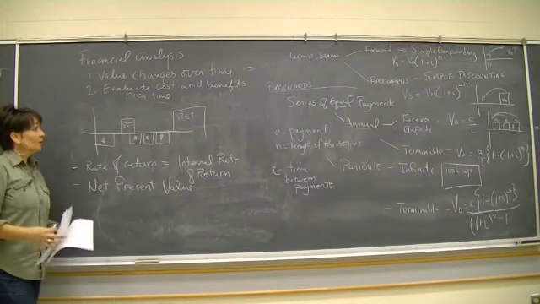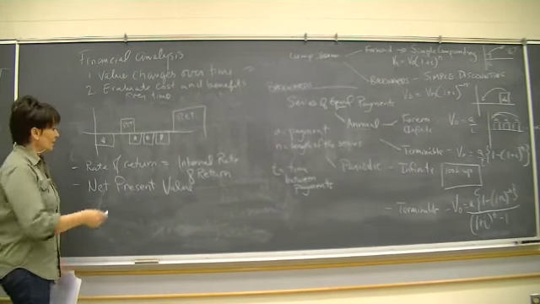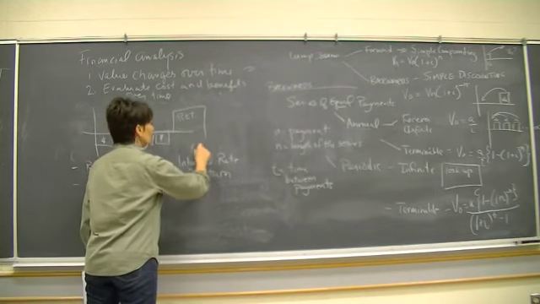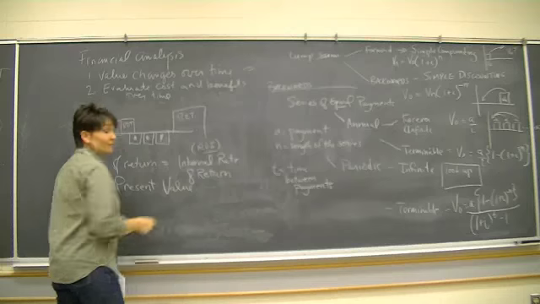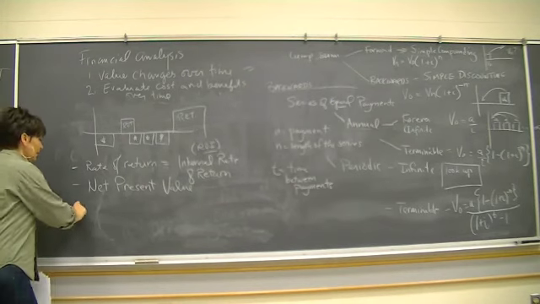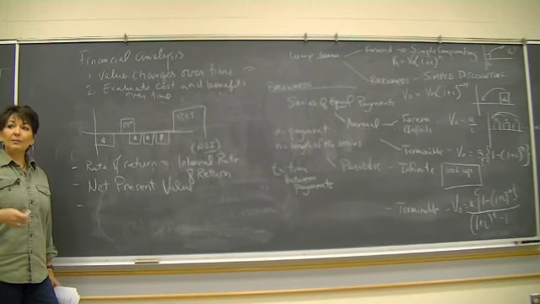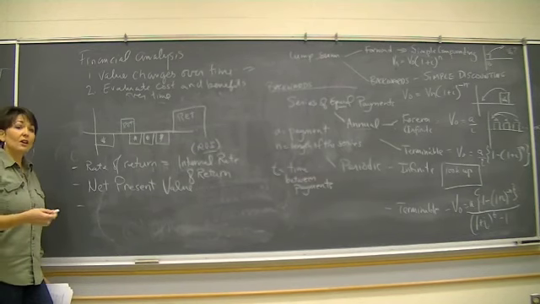NPV. ROI. Return on investment. That's sort of what this is. You can think of this as ROI as well. I could also look at the ratio. For every dollar I invest, what do I get back? So you could look at the benefit cost ratio.